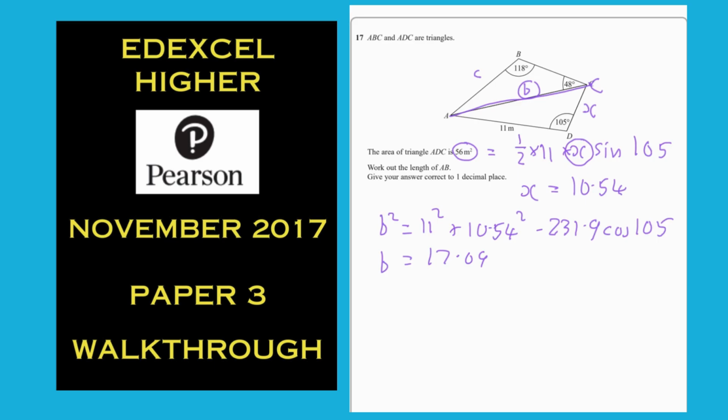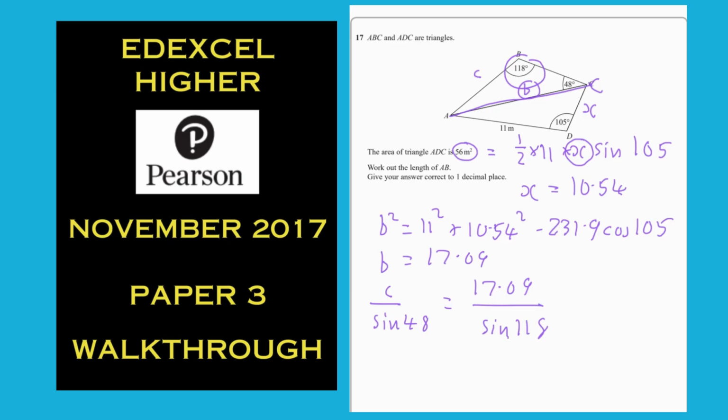So I can say I want little c over sine of big C, that's 48, equals little b, that's my 17.09, over the sine of the angle opposite, 118.